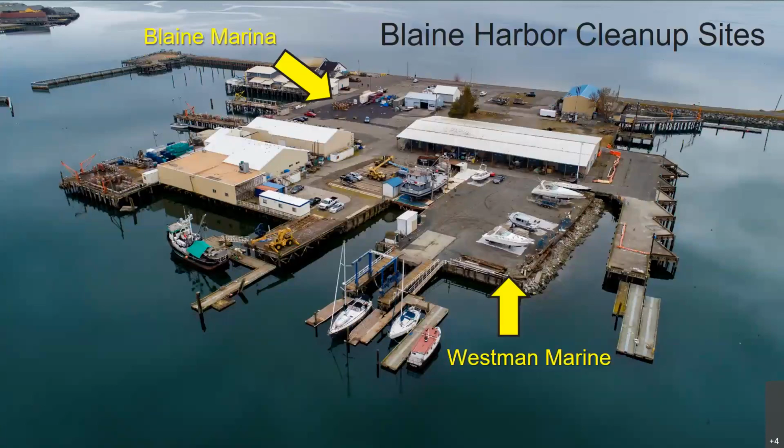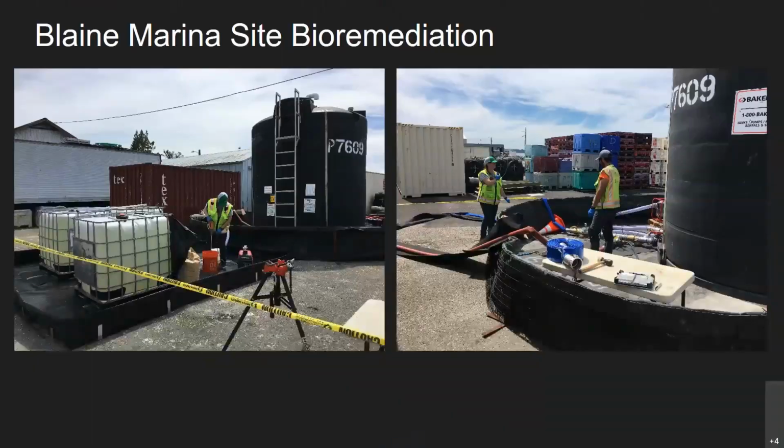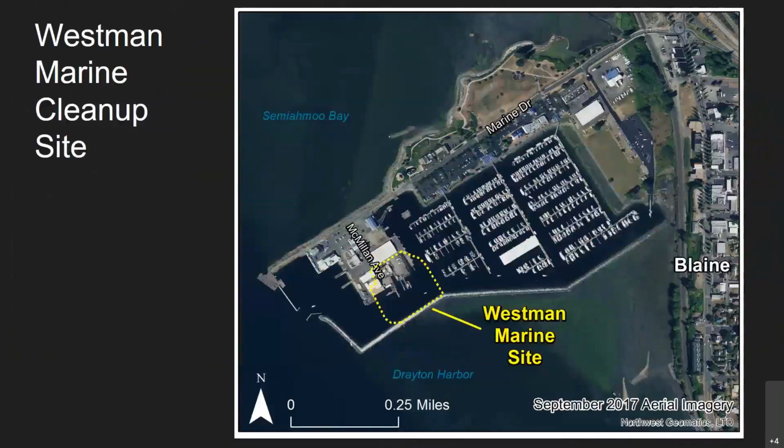And go back to the. So this is an overview looking down at the site, outlined in yellow, as you can see. This is a good overview shot. You can see the entire Blaine Harbor system here. As I said earlier, everything you're seeing there is created.